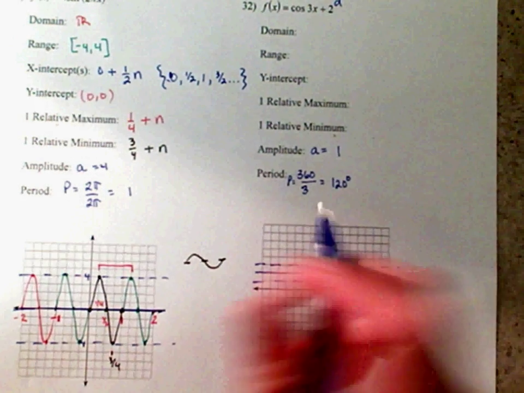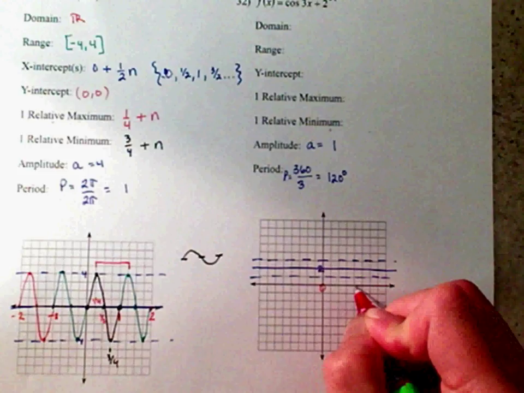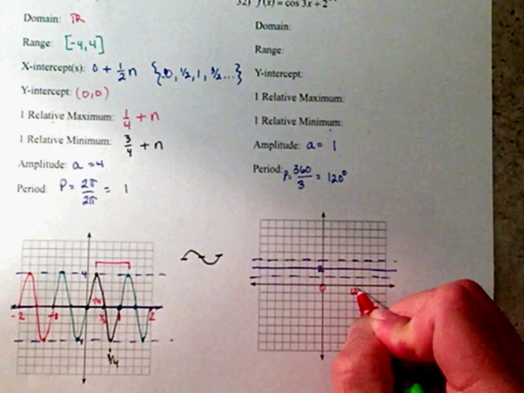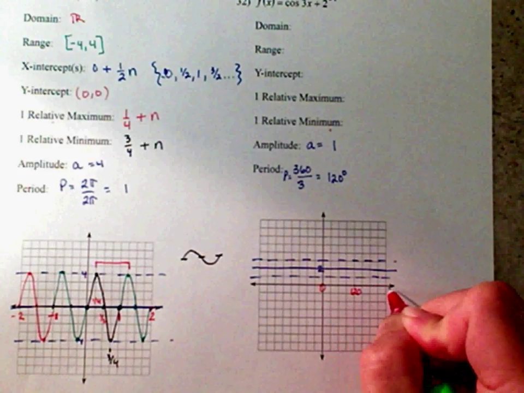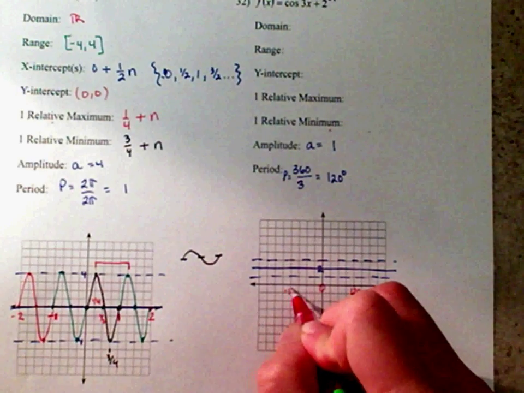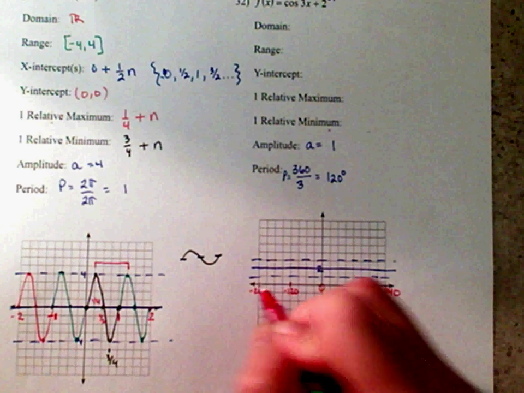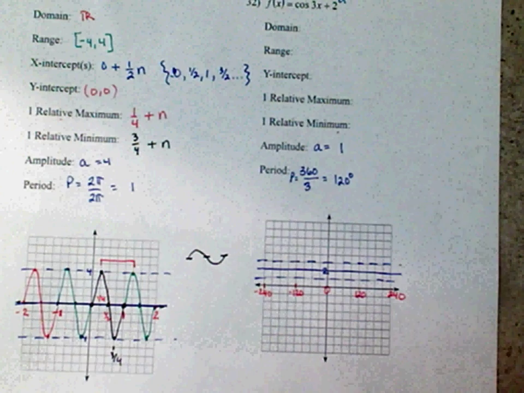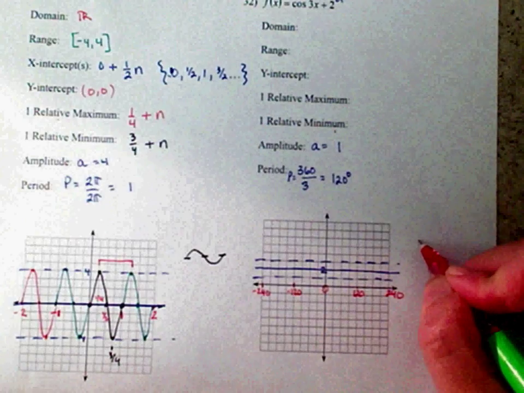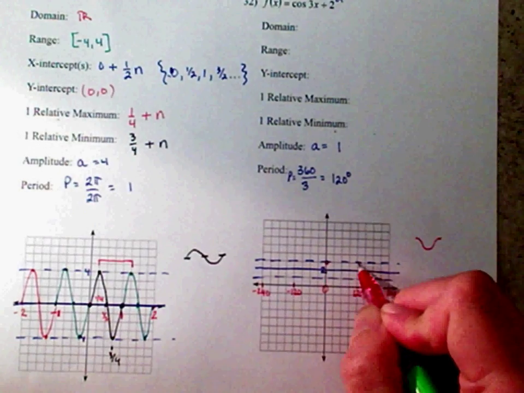So, what do we have here? Here is 0, 1, 2, 3, 4. So there's 120 degrees. 1, 2, 3, 4, 240. Going this way, 1, 2, 3, 4. There you go. Now I'm going to graph. I'm graphing a cosine. It's positive, so it looks like this. Starting up here, ending at 120 up here.